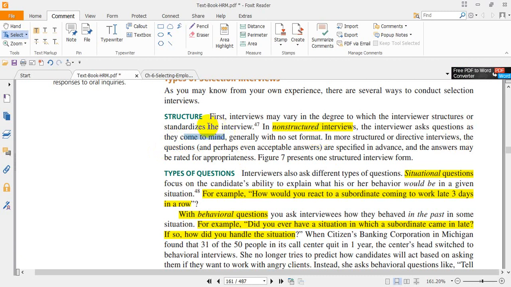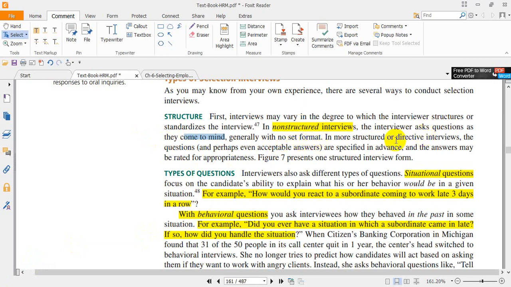So in a structured interview, the questions are already formatted, or there is a set of questions that's already structured. And in an unstructured interview, the interviewer asks questions as they come to mind, generally with no set format.